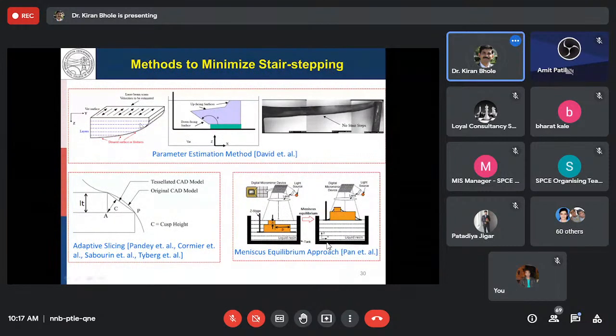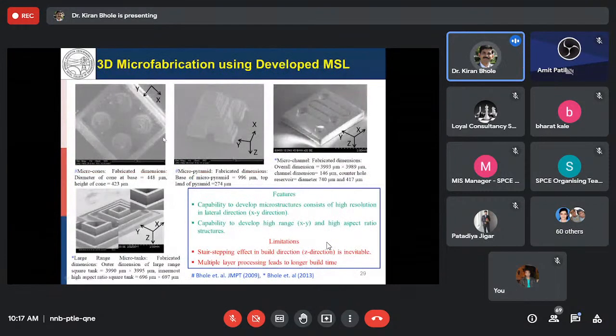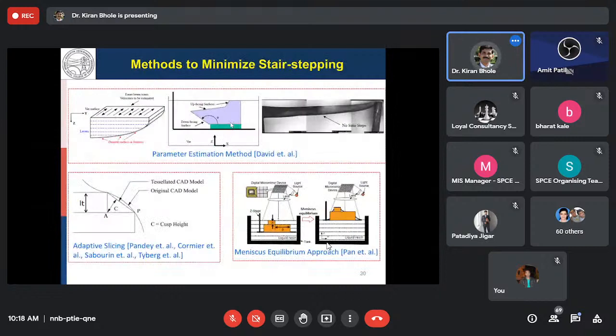What he does is, when it is scanning at the end, he extends the scanning and changes the laser parameters such as exposure intensity or the laser scanning speed. So the exposure energy is controlled, and with that exposure energy control, a smooth surface can be achieved. So this is one method.